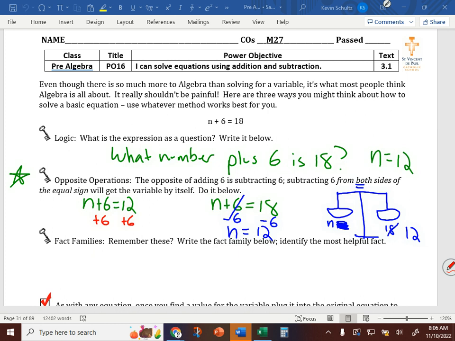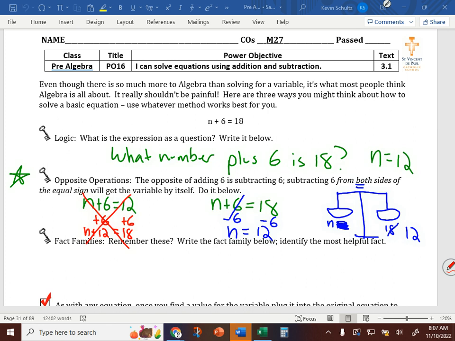No. What happens? You'll get the n would be 24. Right. Well, on the right side, we get 24, and we get 18 here, right? But 6 plus 6 equals 12. So now we have n plus 12 equals 18. That's not really helpful, is it? Okay. So the opposite operations method, you want to cancel that constant out, cancel that 6 out so n is alone. That's what you want to do.